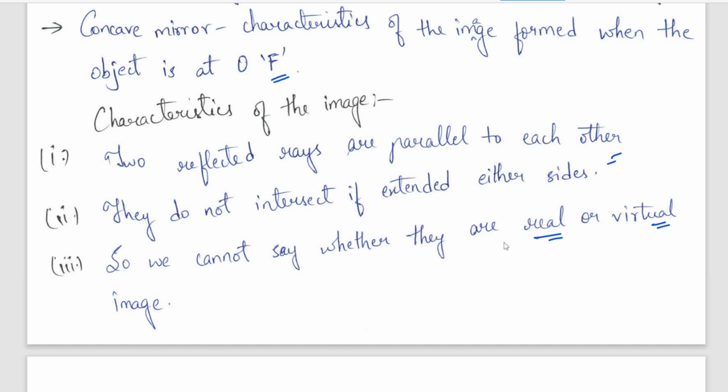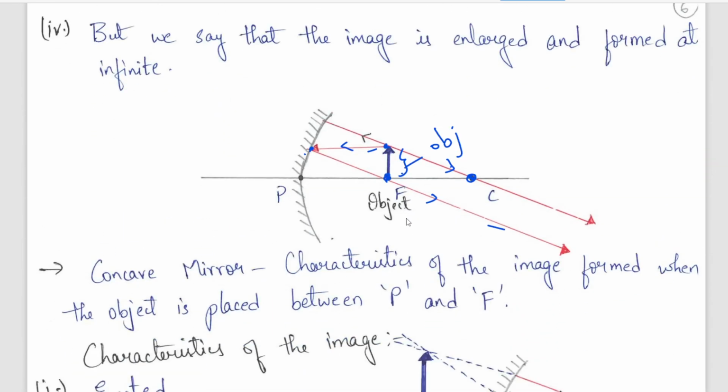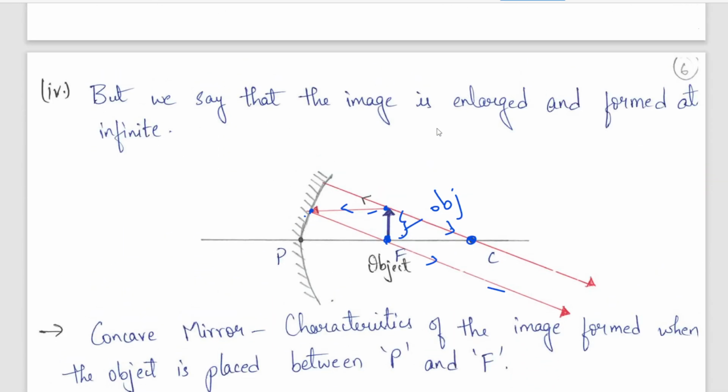Okay, so we are unable to judge whether the image is a real image or a virtual image. Coming to the fourth characteristic, we can say that the image is enlarged and formed at infinity. So we can assume that the image is enlarged in the sense it will be larger in size than the original size of the object, and it will be formed at infinity.